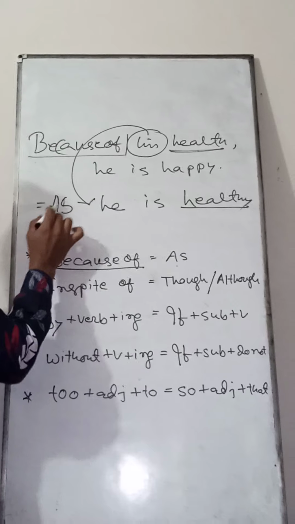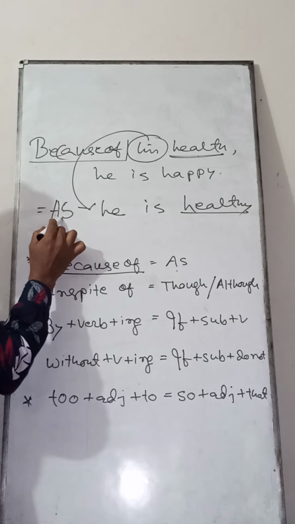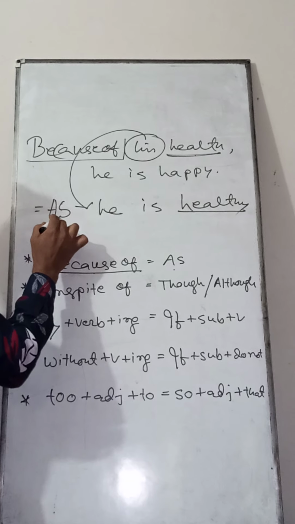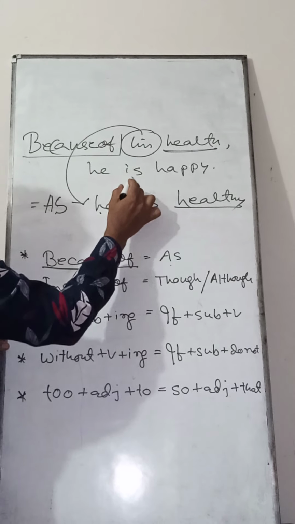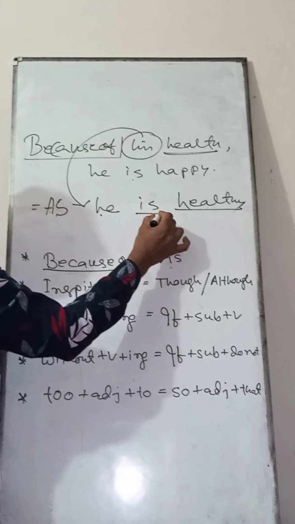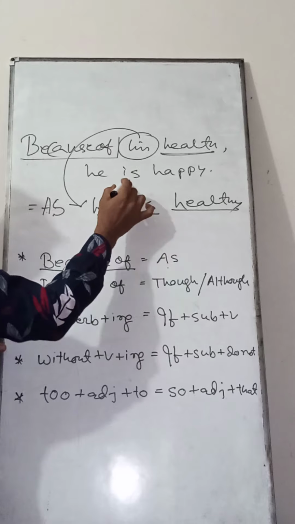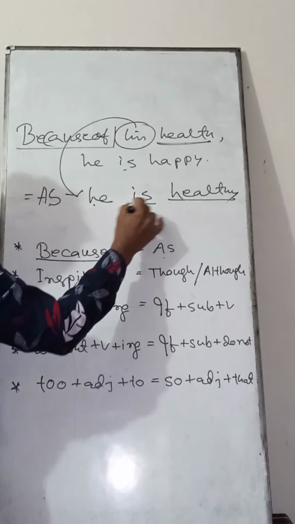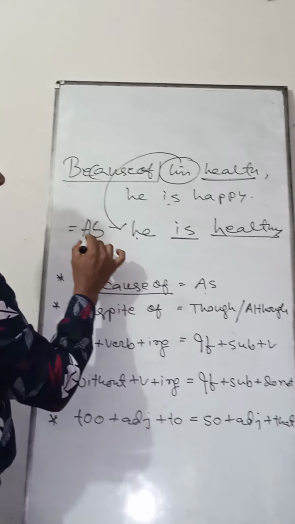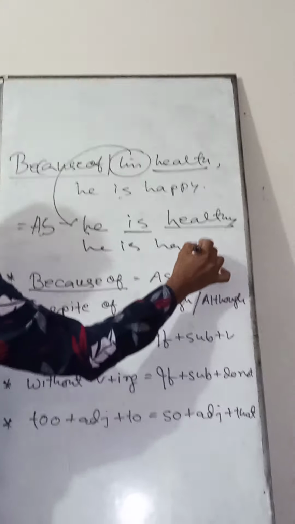As he is healthy, you add first as, then take the subject. This is present tense, so you write the auxiliary verb am, is, or are. If it is past tense, you write was or were. As he is healthy, he is happy.